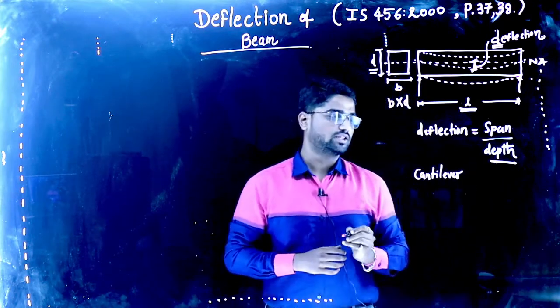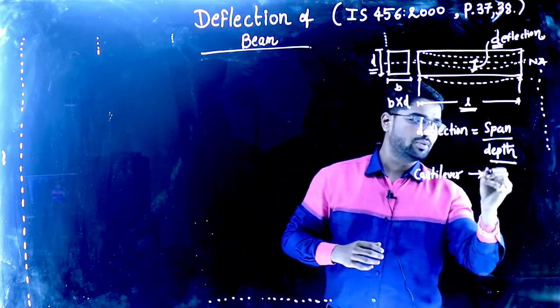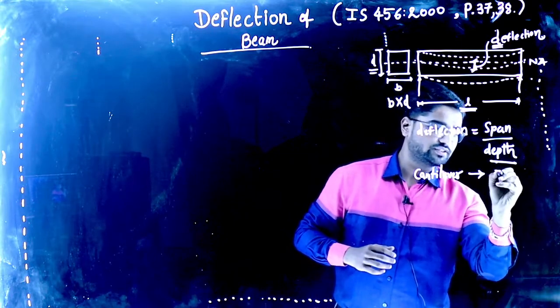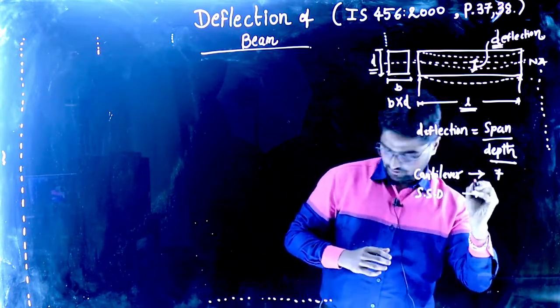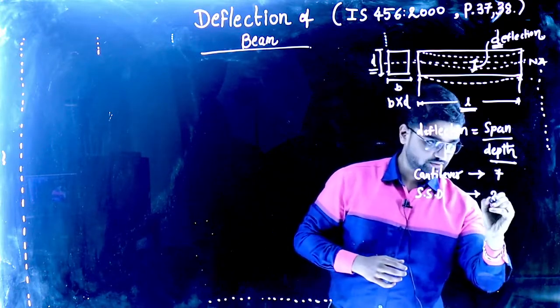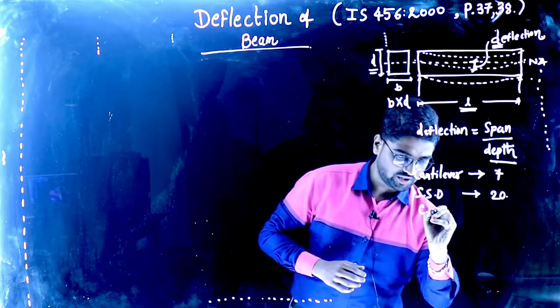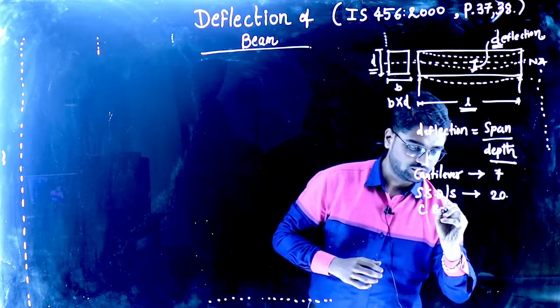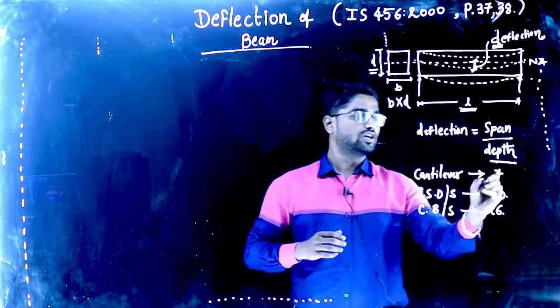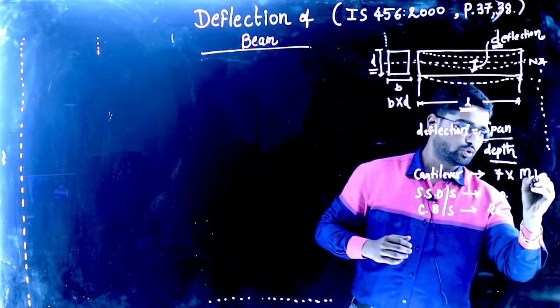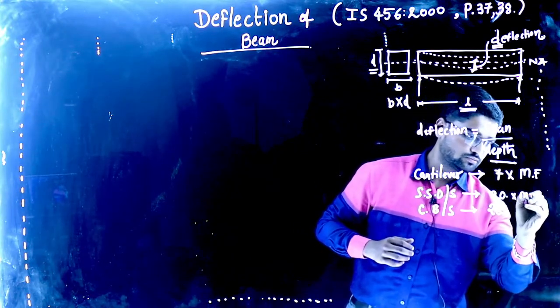On page number 37, for the cantilever, L by D, span by depth ratio, is given 7. For simply supported beam, it is given 20, and for continuous beam or slab, it is given 26, and we have to multiply with modification factor.